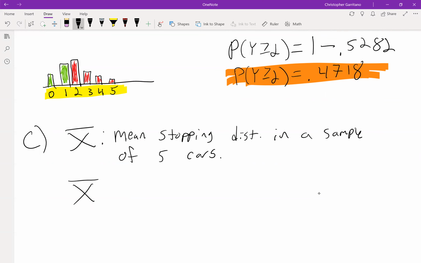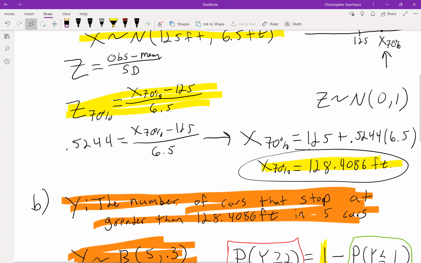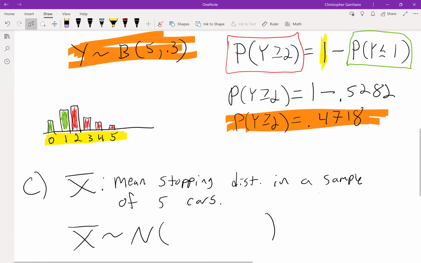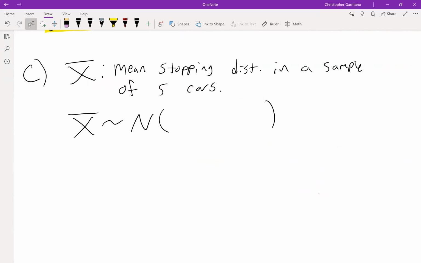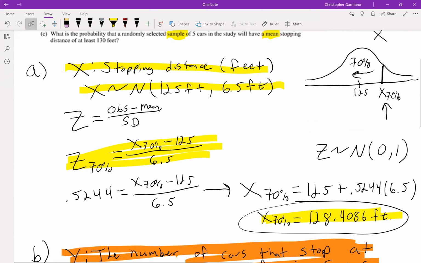And now, how is x bar distributed? Well, since the population is normal and since this is a random selection, the central limit theorem will apply. And so that means the center of the sampling distribution is going to equal the center of the original population, which is 125.